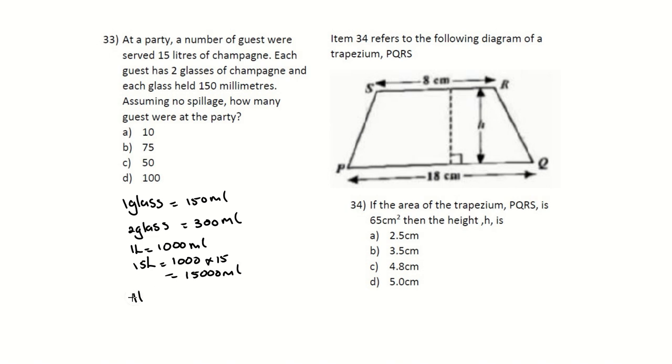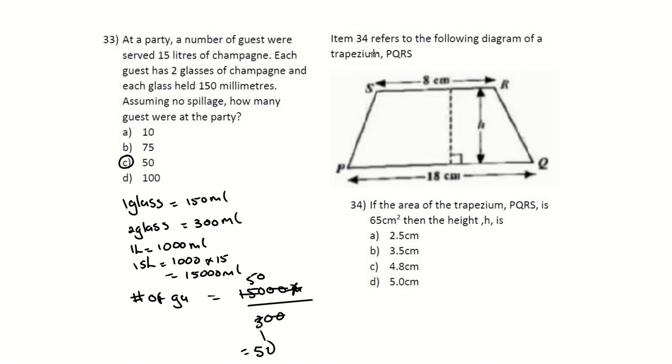So the number of guests would be the total champagne, 15,000 milliliters, divided by how much one person has, which is 300. Cross that out. Did I add an extra zero? I totally did. That zero is not supposed to be there. 3 into 3, 1. 3 into 15, 5, and 0. So how many guests? 50 guests. So the answer is C.